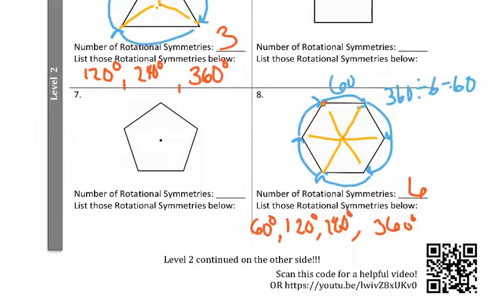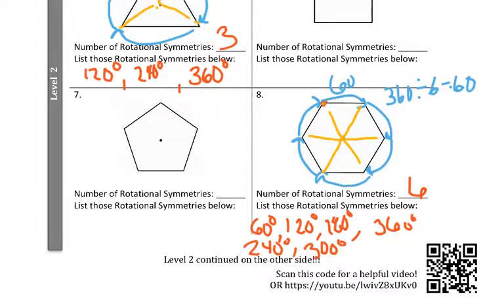Or we could have done it 4 times, which would be 240 degrees. Notice I'm just adding 60 degrees each time. Or 300 degrees, or 360 degrees. I know I wrote that really sloppily, but I count 6 symmetries there. 1, 2, 3, 4, 5, 6.